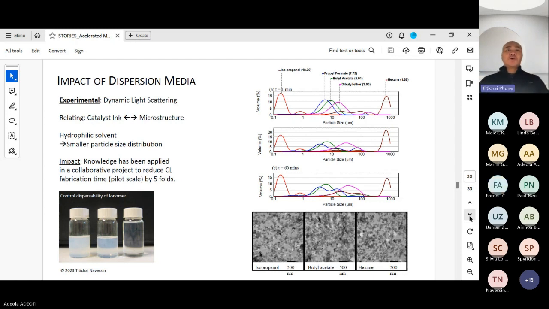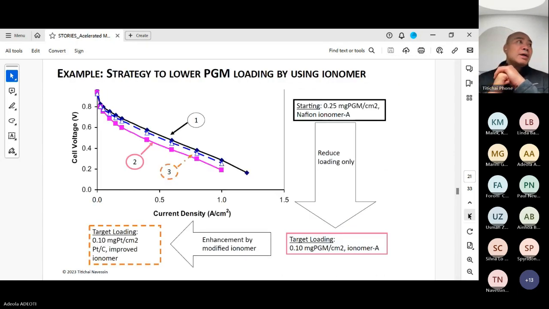The next slide shows some of the designers' thinking of how we go about improving the overall cost of the catalyst layer. So this is in the context of PEM fuel cells, where we use a loading of platinum group metal, PGM.